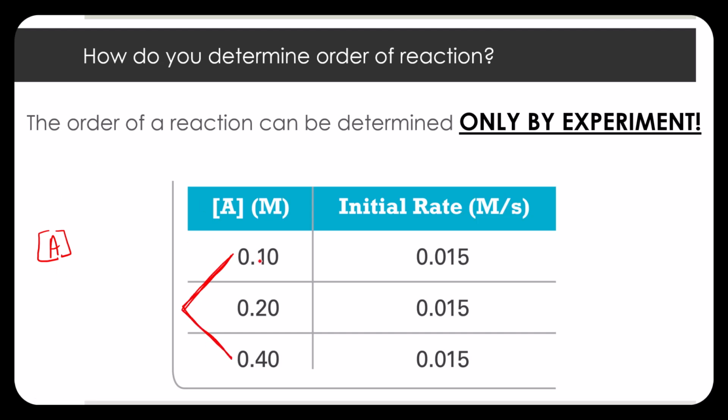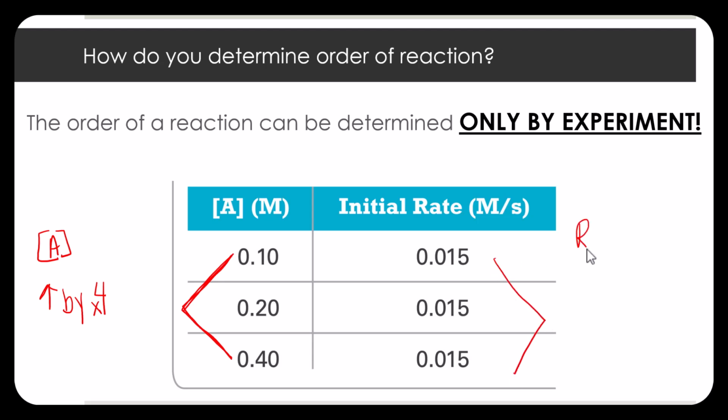So between trial 1 and trial 3, what happened to the concentration of A? In this case, it went up by a factor of 4. Okay. Now let's look at the rate for trial 1 and trial 3.